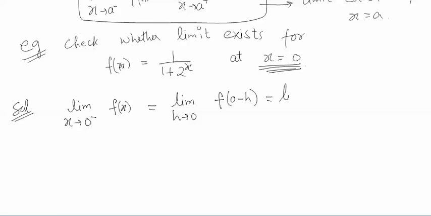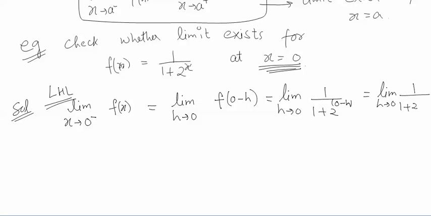We are calculating the LHL, which is 1 upon 1 plus 2 raised to 0 minus h, or limit h tends to 0 of 1 upon 1 plus 2 to the power minus h.